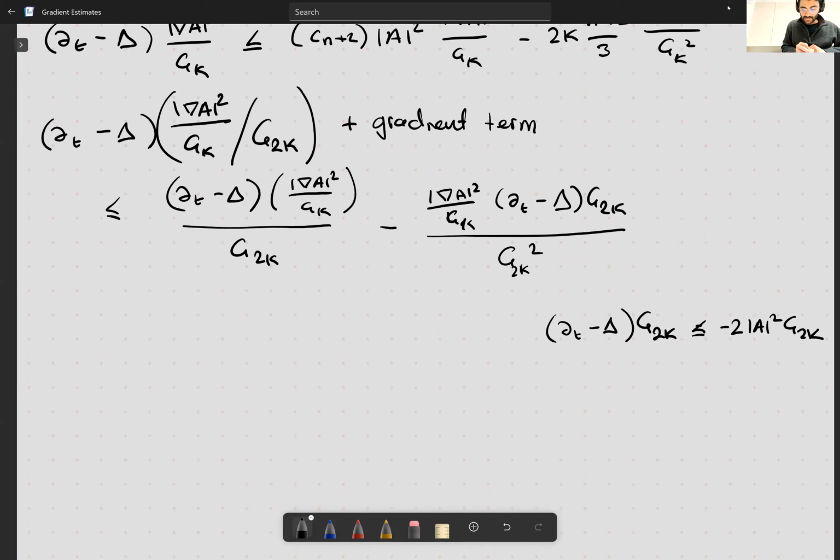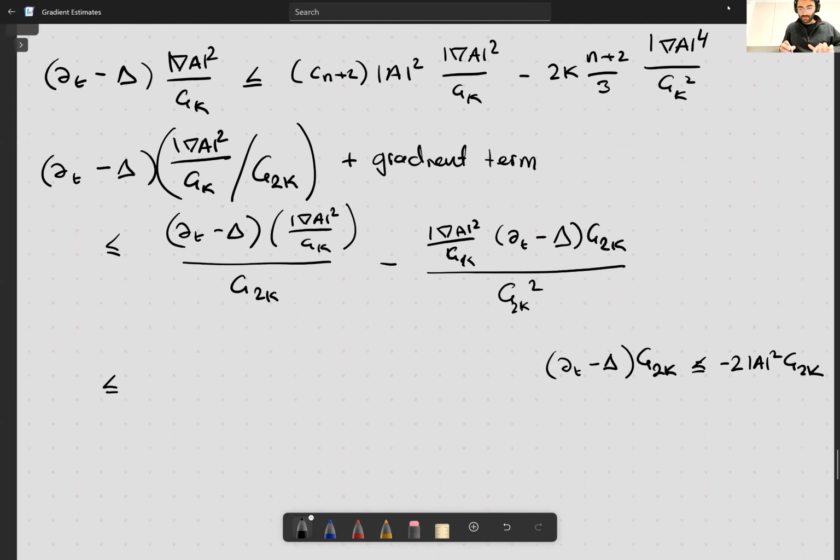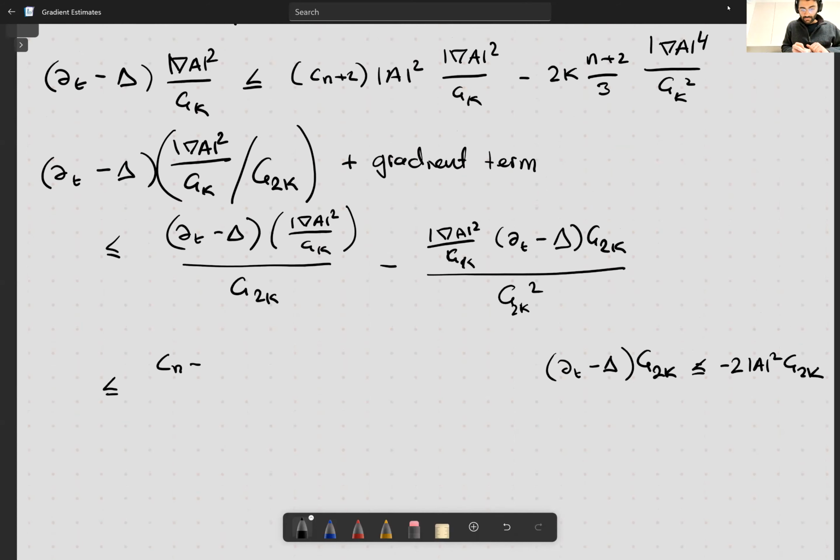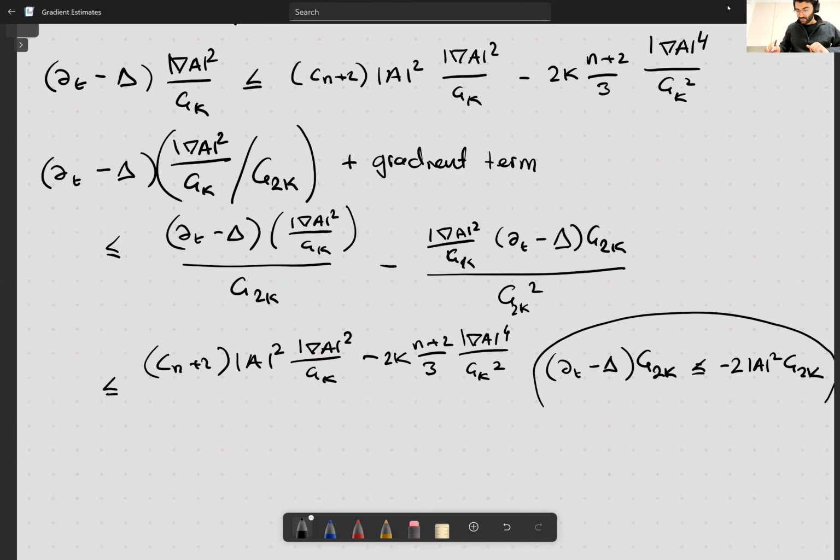Okay, so then we get less than or equal to Cn plus 2, just plugging in formulas here now. Minus 2kn plus 2 on 3. I'll just move this away. Oops.